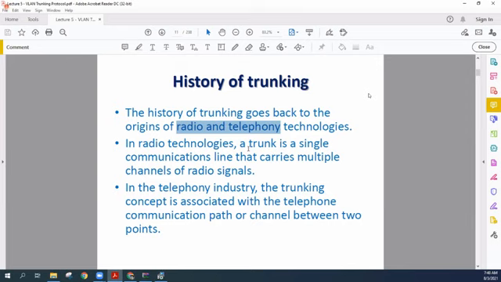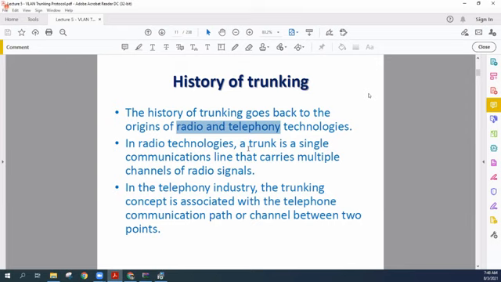Different purposes or different users can be accommodated over the trunk because the tagging is different. So some other ways were used by the early days' radio and telephone technologies.